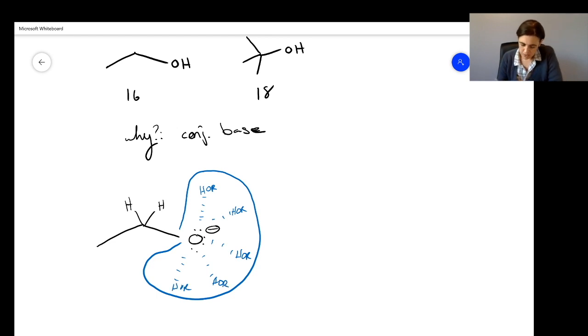Whereas if we look at t-butanol, right? Keep in mind that each of these has 3 hydrogens associated with it.